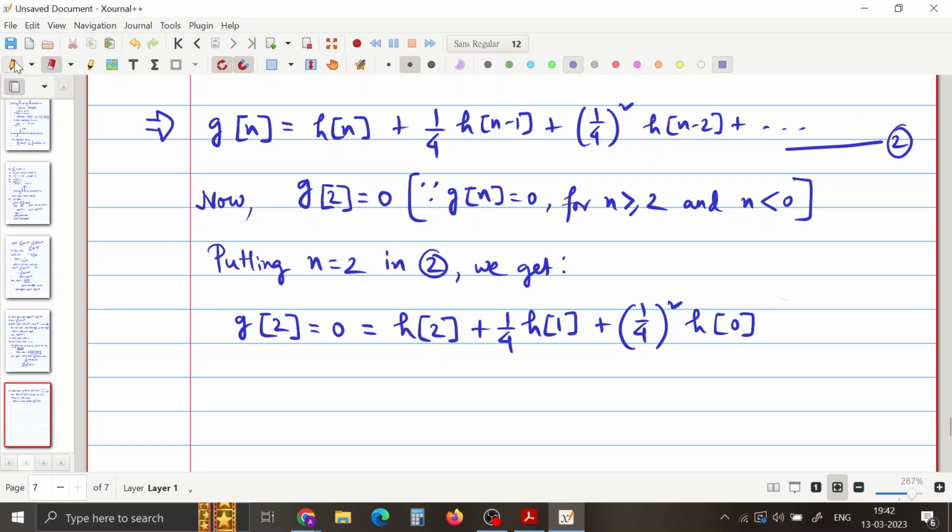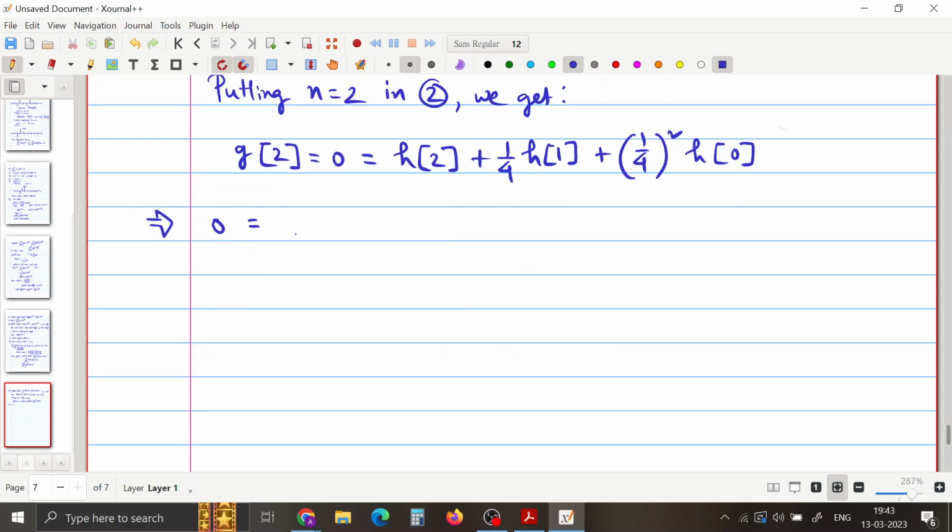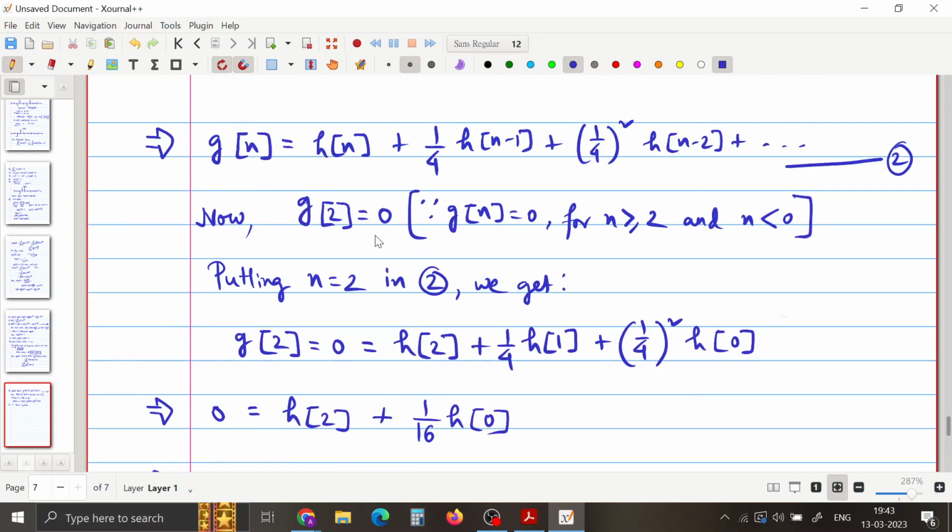Great. So what do we get? 0 equals h of 2, and h of 1 we already got 0, plus this becomes 1 by 16 times h of 0. Now we can simply use the relation between h of 2 and h of 0.